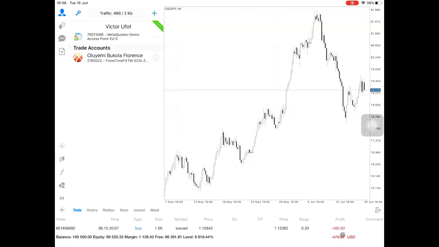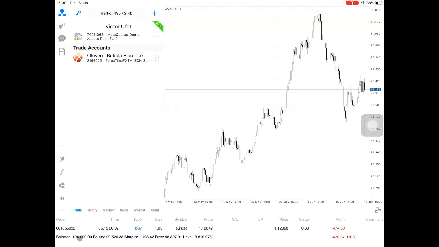Let's take that again. Whatever profit you make will be added to your equity, and it also applies to the free margin. But after you close the trade, your equity becomes equal to your balance, because you have taken the profit or the loss on that trade.